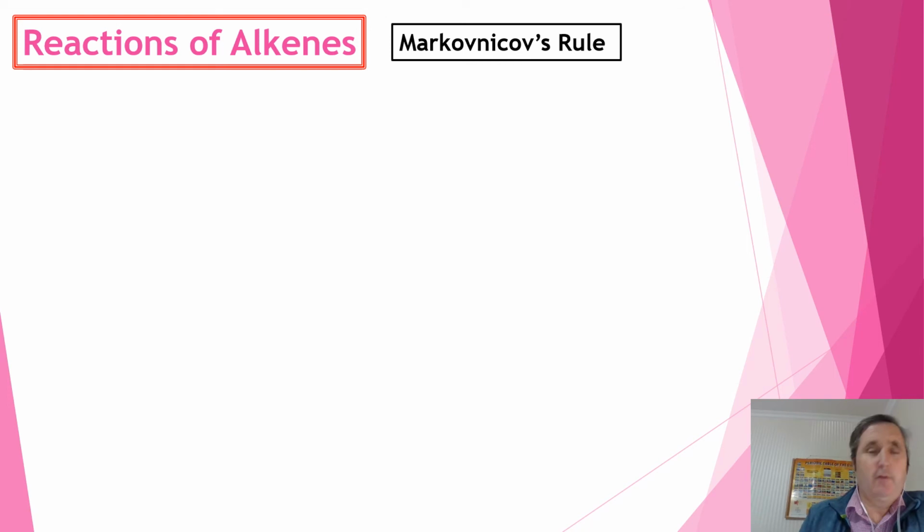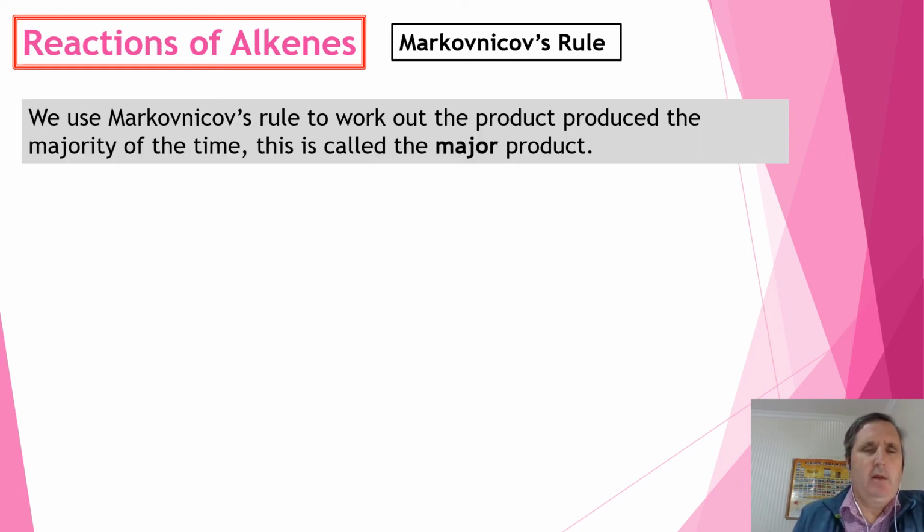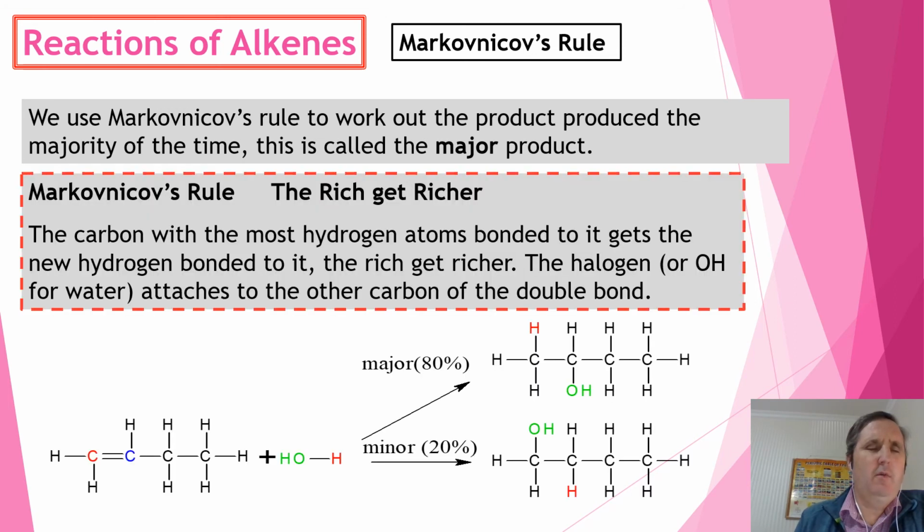We've looked at Markovnikov's rule here. So Markovnikov's rule is, we want to know when we get an asymmetric alkene, or an alkene that isn't symmetrical, and usually it's when the double bond is coming off between the first and the second carbon. It doesn't always have to be that, but commonly it is.